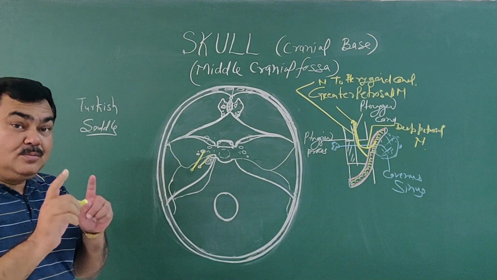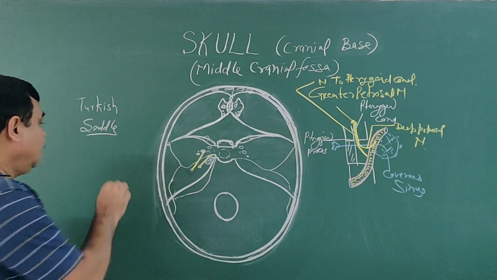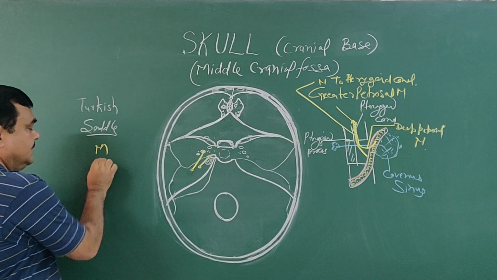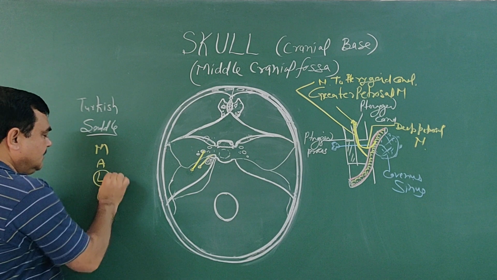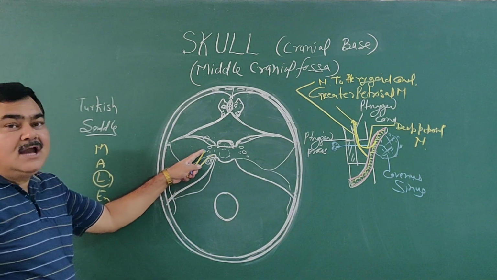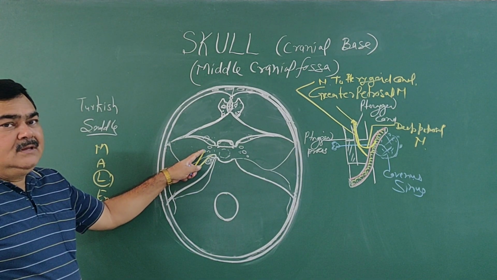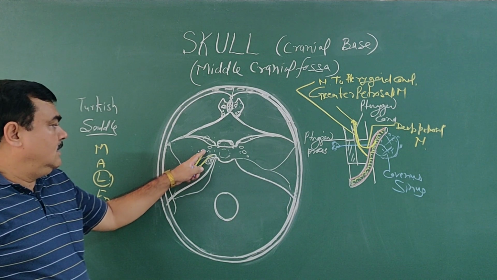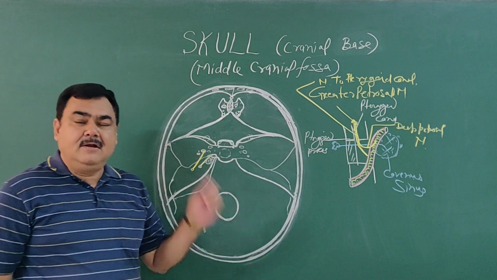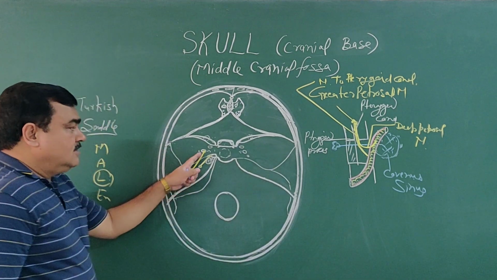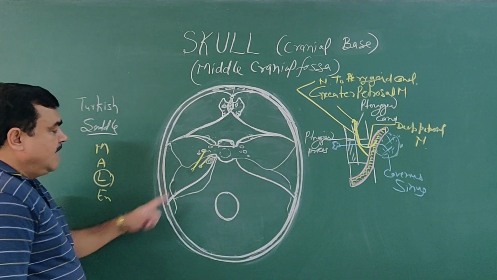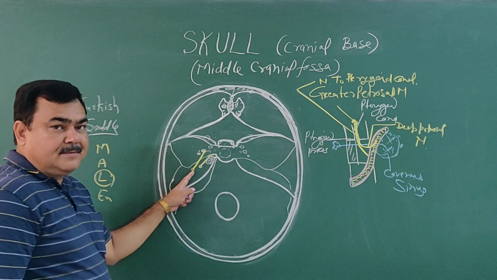As you know, through the foramen ovale the mandibular nerve, accessory meningeal artery, lesser petrosal nerve, and emissary vein pass. The lesser petrosal nerve goes to the infratemporal fossa, where it supplies the parotid gland.